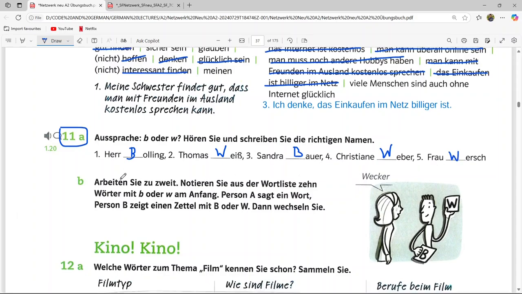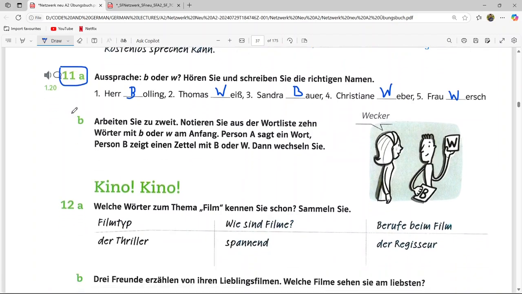So this one is done. Next one is work with the pair and try to solve, try to pronounce it. We will not do this one, we will move to next one.